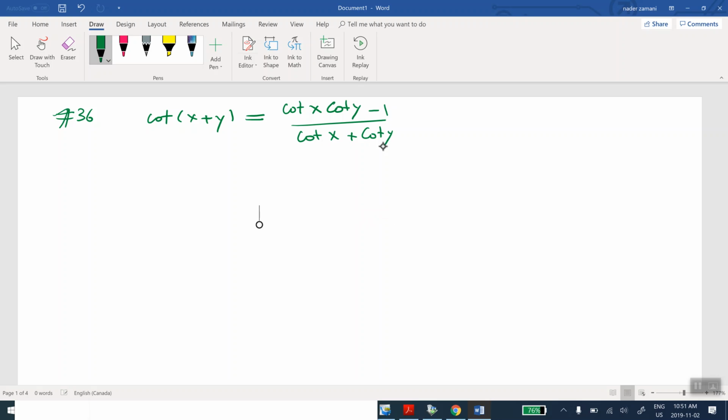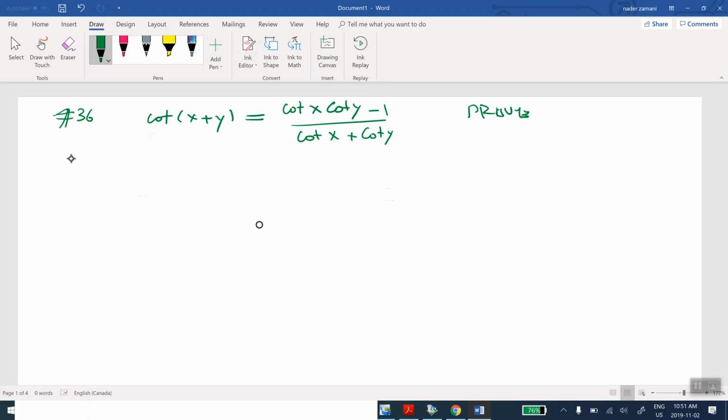Now, we're supposed to prove this. My approach is to start from the left-hand side and go to the right-hand side. There are other ways of doing it. For example, you can work simultaneously on both sides, or you can start from the right and go to the left.